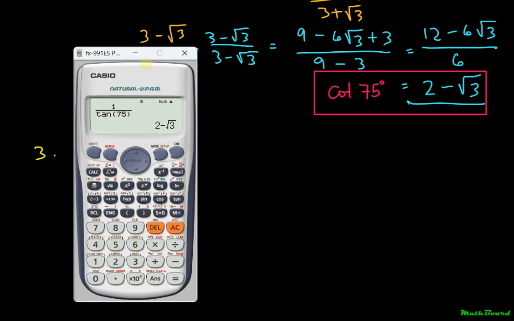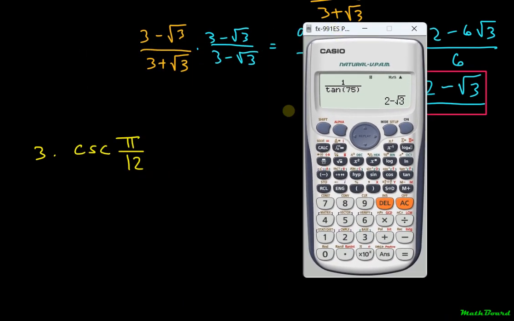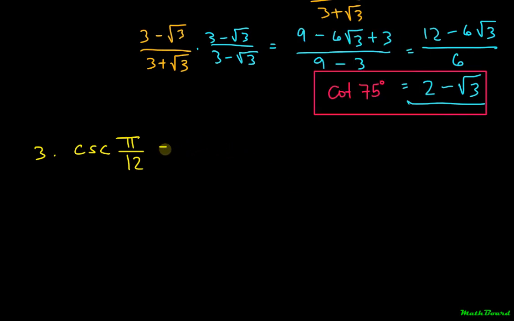Since pi over 12 is in radians, you can just multiply pi over 12 by 180 over pi. And that is equal to 15. So 15 degrees. So this is the same as cosecant 15 degrees.